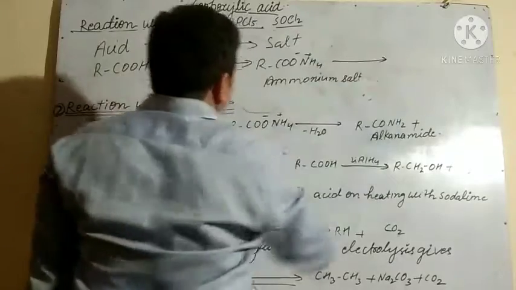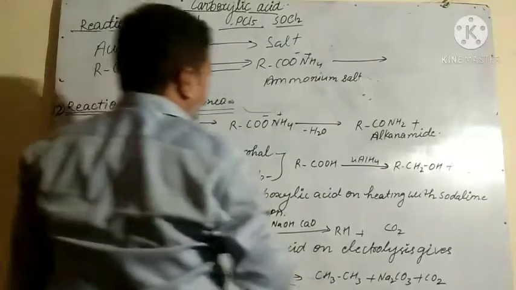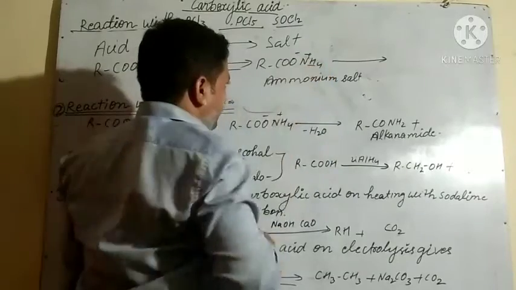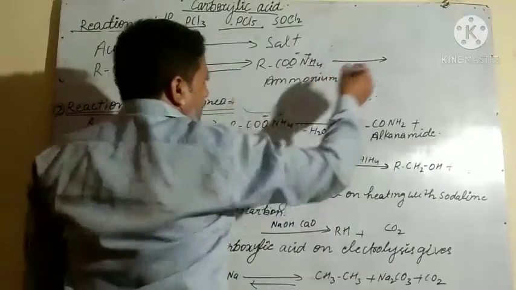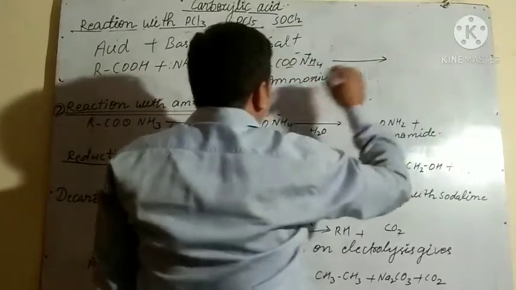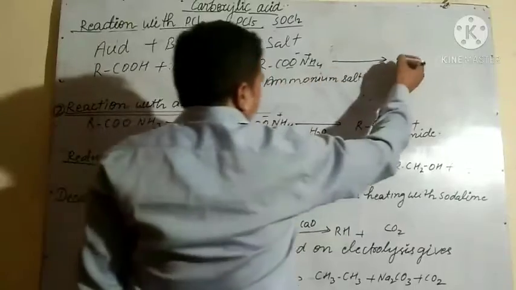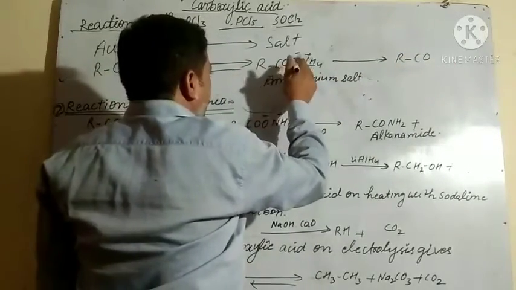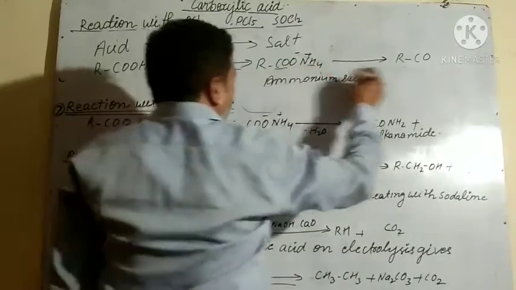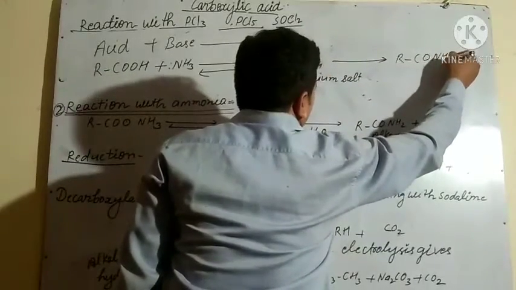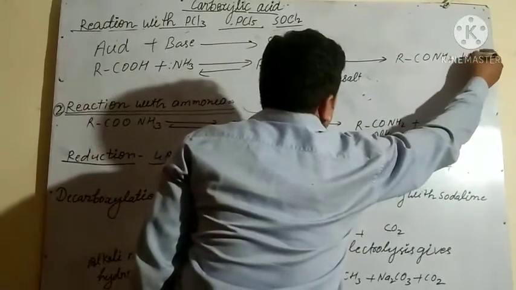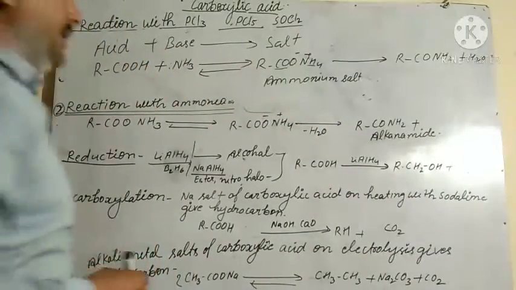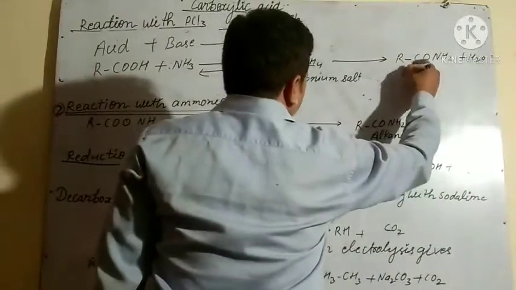Further on heating, it releases H2O, 2H from there and 1 oxygen from there. After releasing, what will remain? RCONH2. What is the name of that one? Alkanamide.